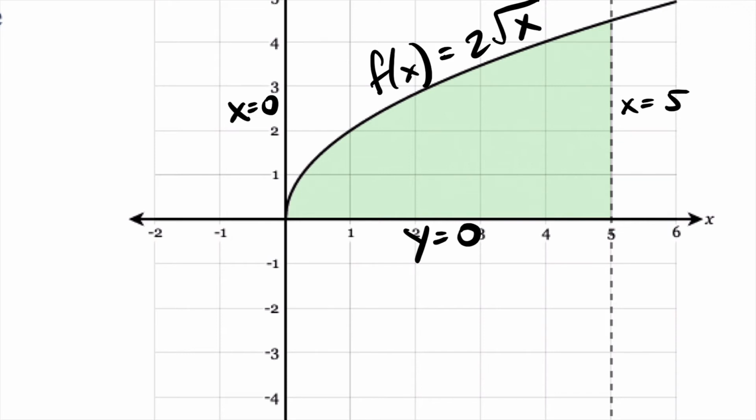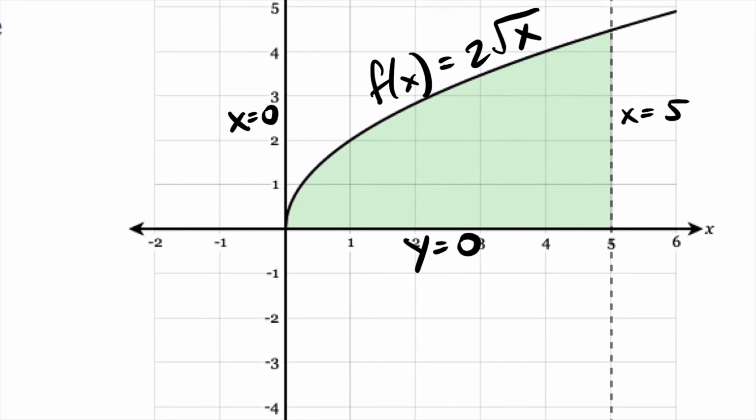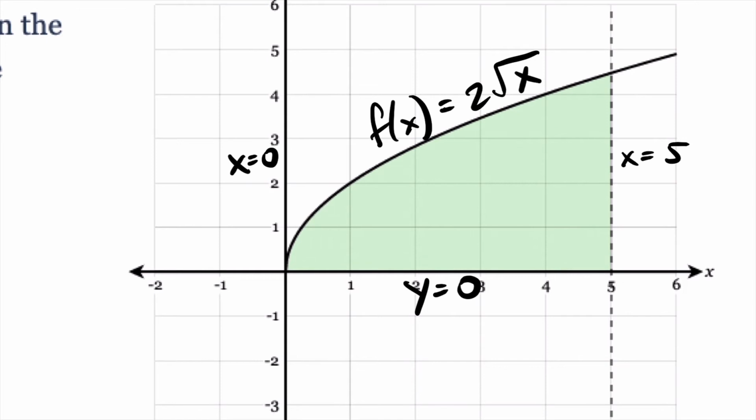But how would I calculate this distance? If I wanted to find the length of that segment from right here to right here, it's about 3.6, maybe 3.7, 3.8.